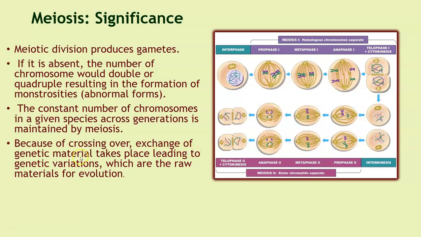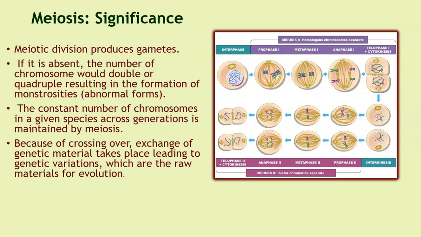Because of crossing over, exchange of genetic material takes place, leading to genetic variation, which is the raw material for evolution. And this is the reason why we humans or any organisms are not exactly alike or similar to one another. Though we belong to the same species, we show a lot of variations. Even if you compare yourself with your sibling, you might show a lot of differences.